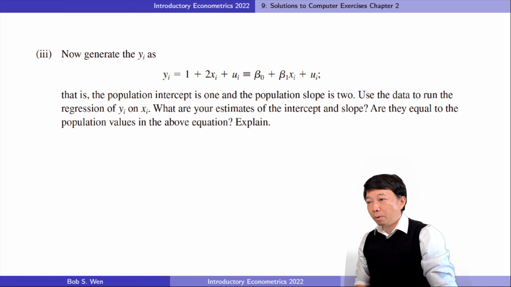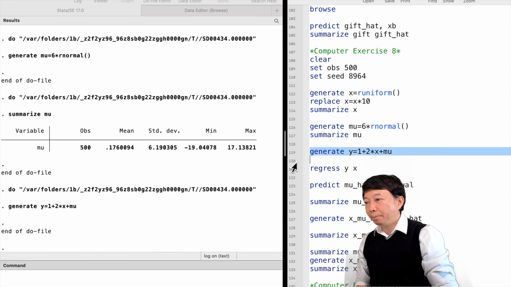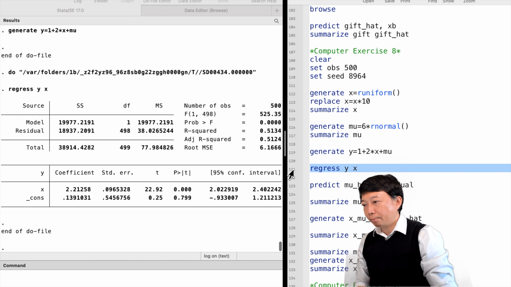For the third question, we generate the outcome variable y first. We type generate y equals 1 plus 2 times x plus mu. We have generated the explanatory variable x and the outcome variable y. To run a simple regression, we regress y on x.